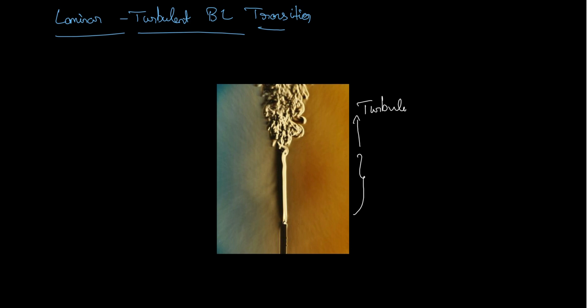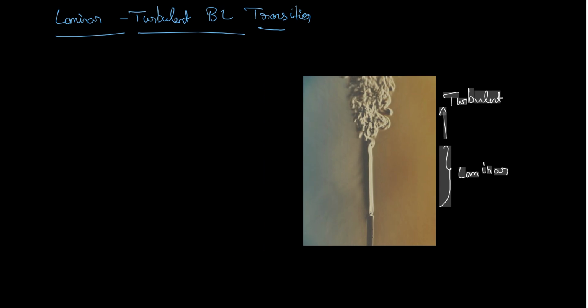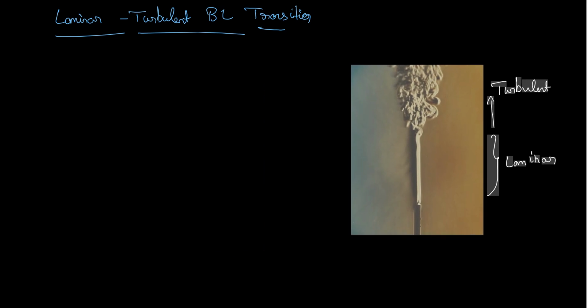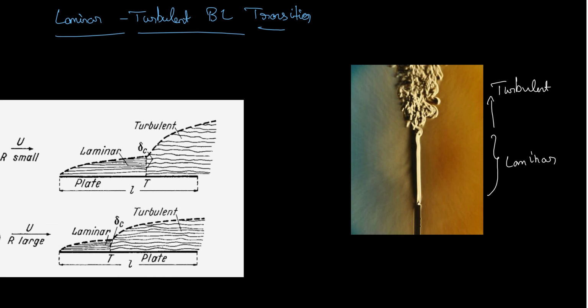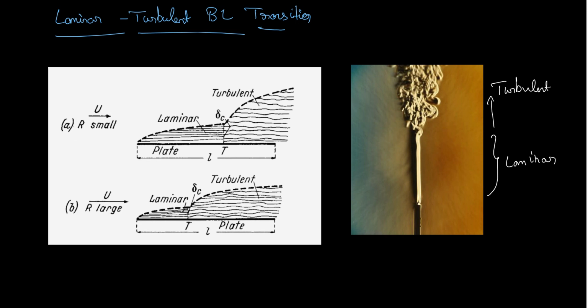The primary reason is the change of Reynolds number. And the same thing happens with the boundary layer also. So I try to keep this aside and get another image here. We can see that the boundary layer also will become laminar.